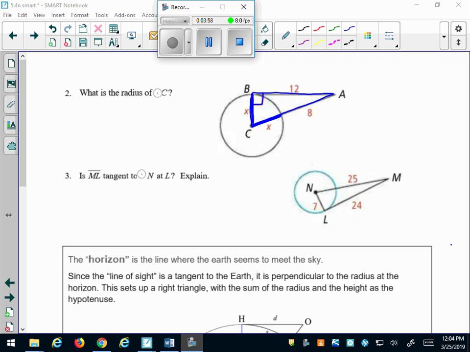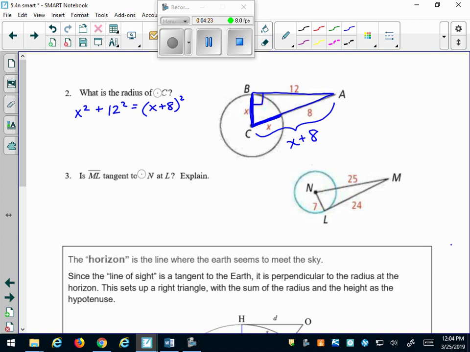Yeah, AC is the hypotenuse. What is the length of AC? X plus 8, right. So when we do Pythagorean theorem, we're going to do x squared, and don't write too big because you don't want to take up too much room, plus 12 squared equals the whole quantity x plus 8 squared, right? Because it has to be that whole hypotenuse squared.